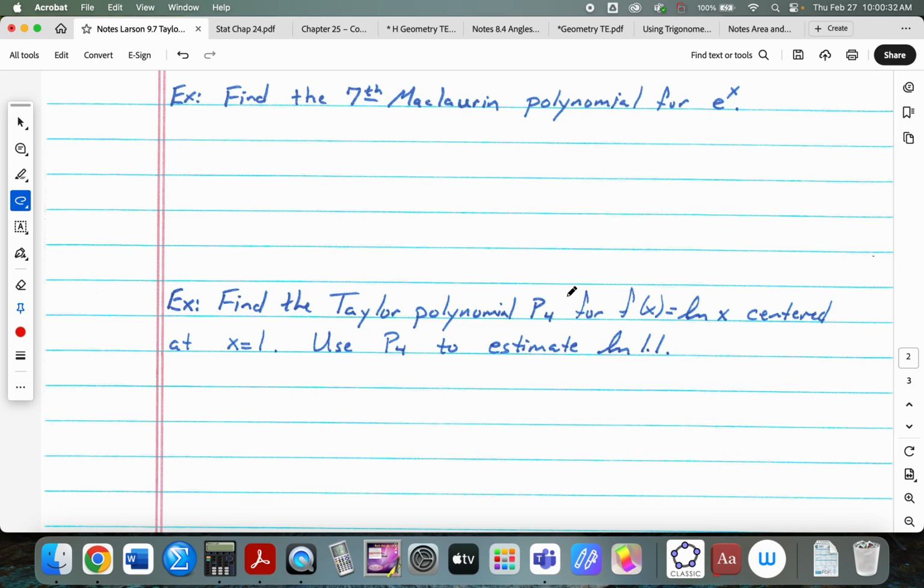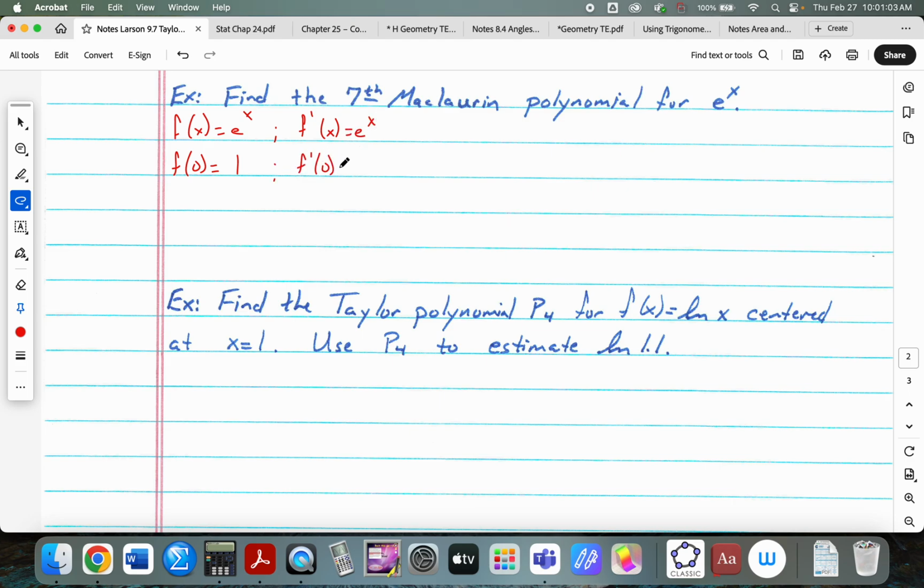All right, so let's do this. Let's find the 7th Maclaurin polynomial for e to the x. So we need to have f of x is e to the x, and f at 0 then is e to the 0, which is 1. And f prime of x is, well, e to the x.